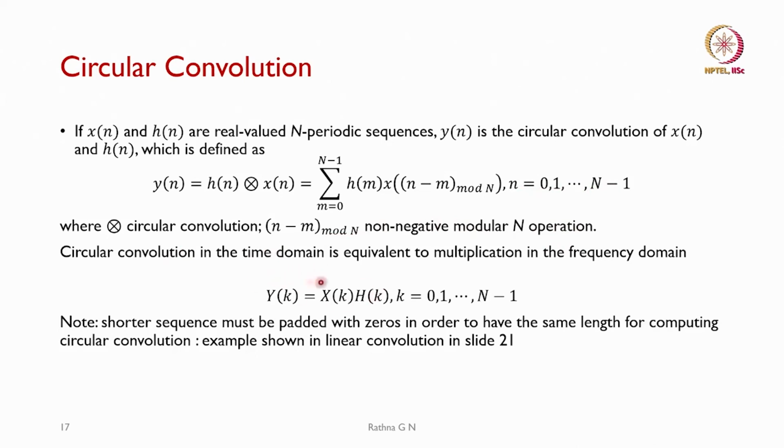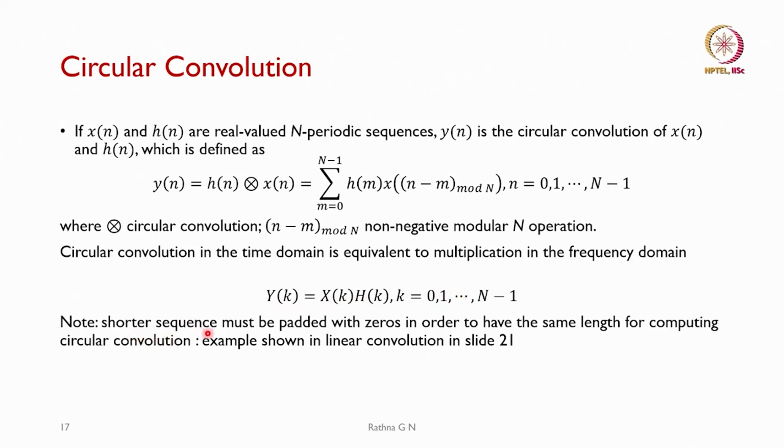So, this is what we have in the time domain, and how do we represent it in the frequency domain? It results in the multiplication of the discrete Fourier transforms of x and h. So, y of k will be x of k into h of k, where k varies between 0 to N minus 1. So, that is what it says.